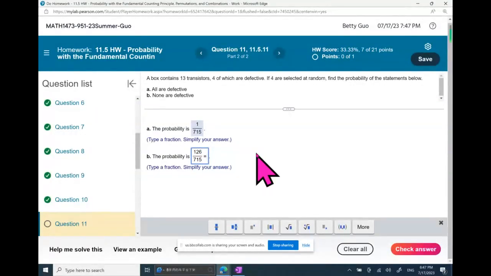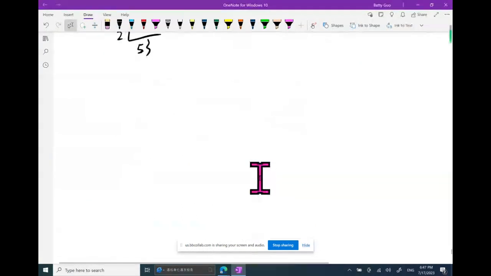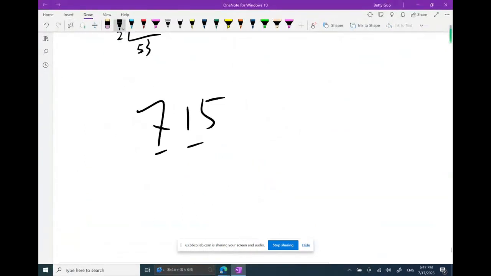2 doesn't work. 3 doesn't work either. How do I know 3 doesn't work? Because the numerator is divisible by 3, but the denominator is not. How do we know if a number is divisible by 3? 715 has 3 digits. If you add them up, it's a trick, we get 13, but 13 is not divisible by 3.